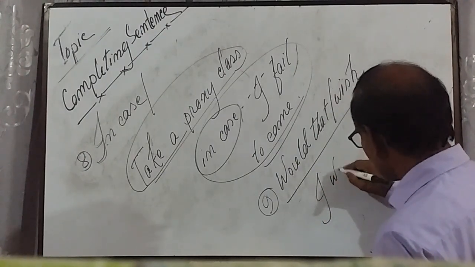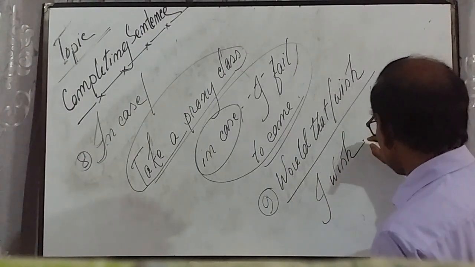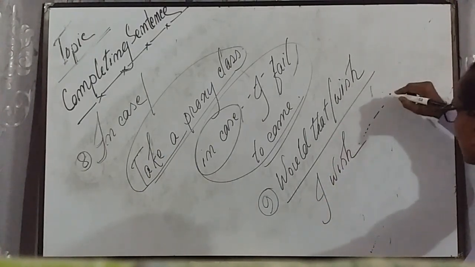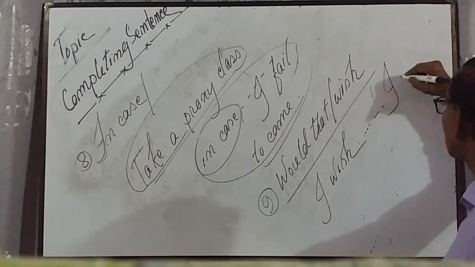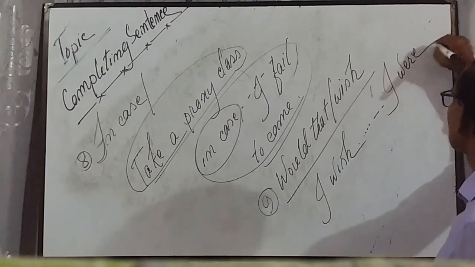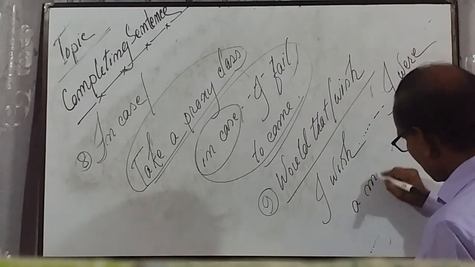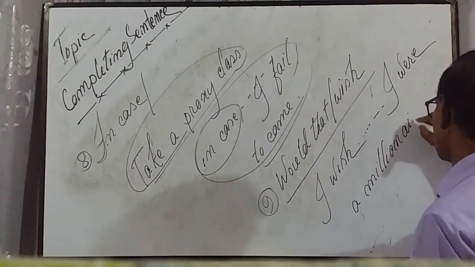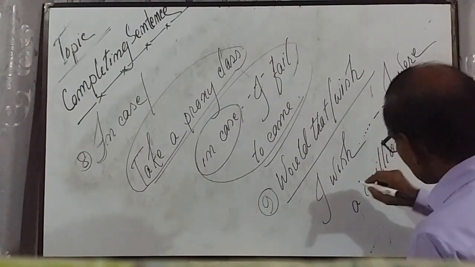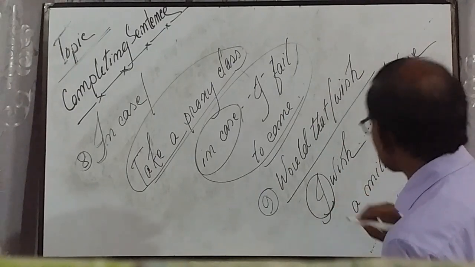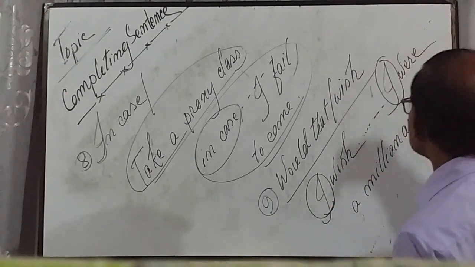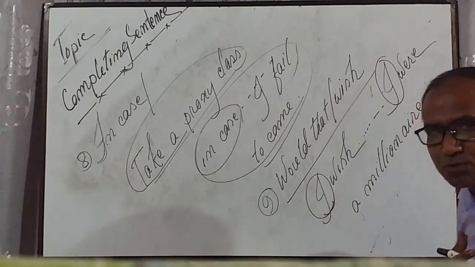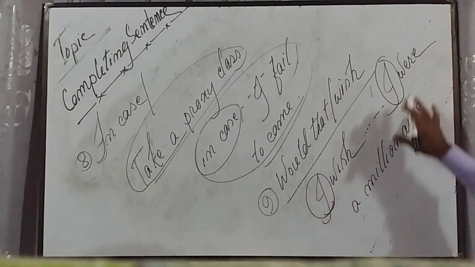I wish. Then you will have a gap, and in that gap, you have to write another sentence. I wish I were a millionaire. See, I wish, the subject is I, and in the other sentence the subject is I. You know why? Because I wish for myself, if I were a millionaire.